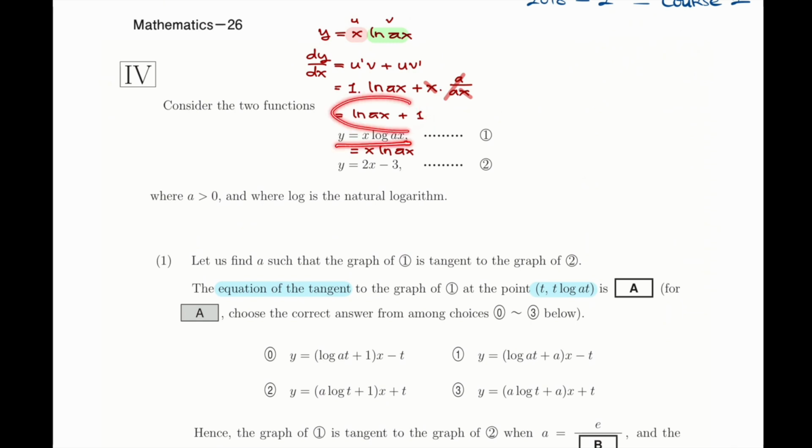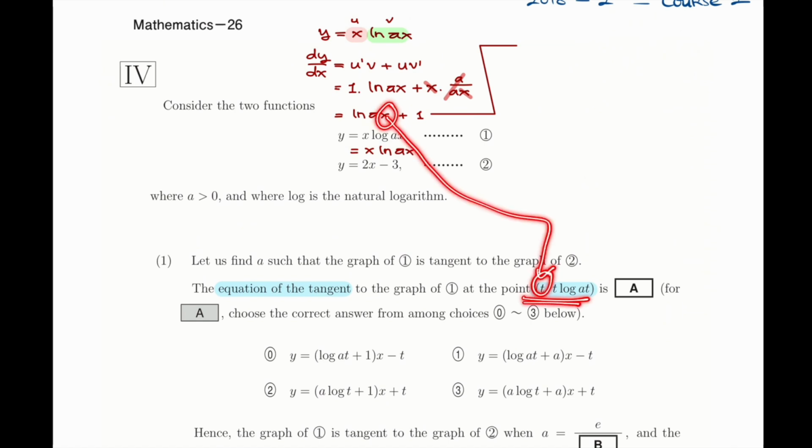If we want to find the gradient, we have to substitute x, the point where we want to find the tangent. So I can substitute x as t, because this is the point where we want to find the tangent line.